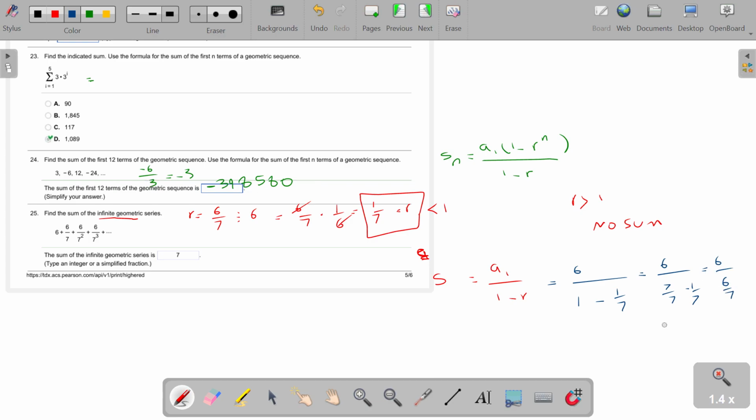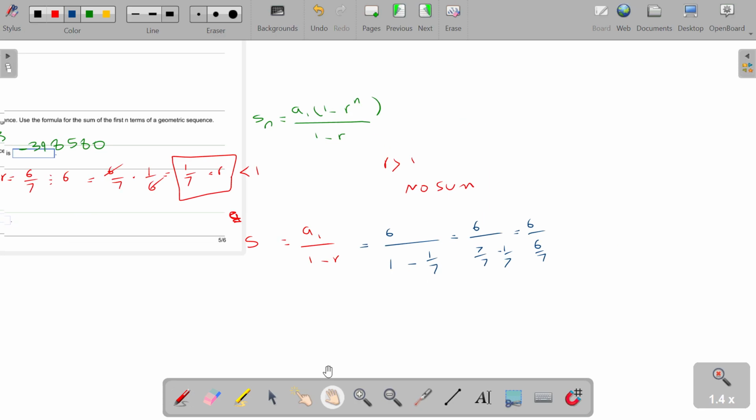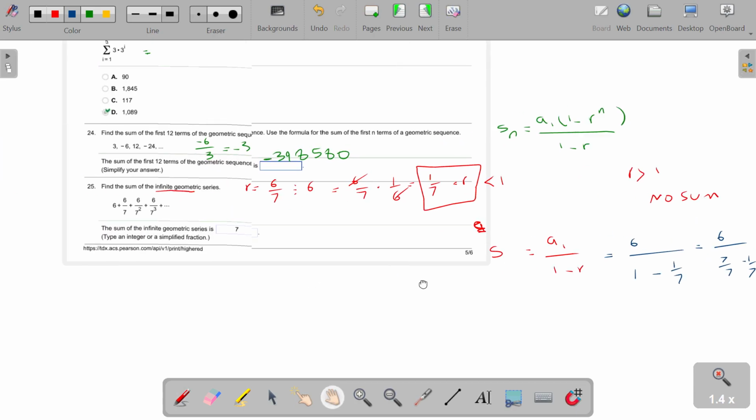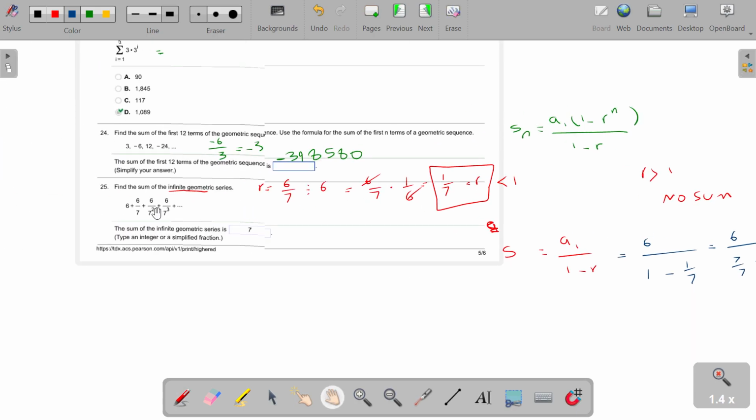And then keep, change, flip. Keep the first one, change the division to multiplication, and flip to 7 over 6. And they cancel, and it's equal to 7. So the sum of the infinite number of terms in this case will be equal to 7.